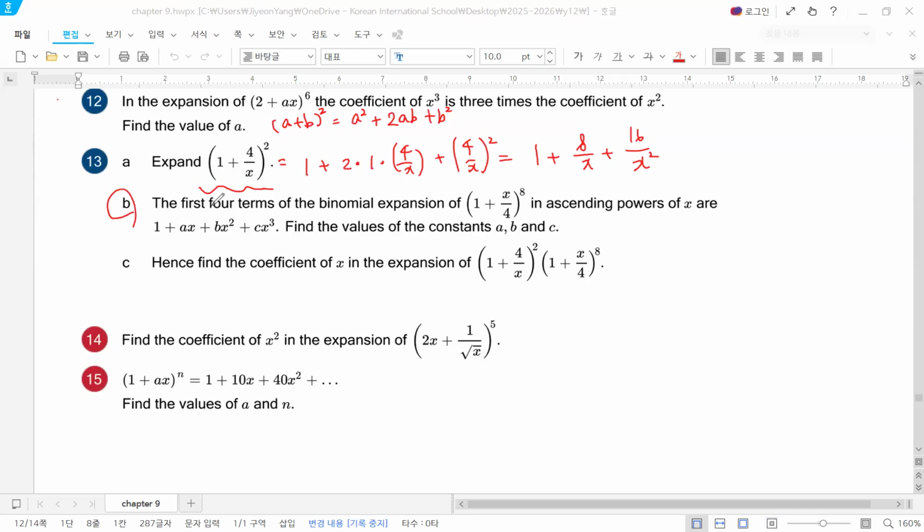B, the first 4 terms of the binomial expansion in ascending power of x. It's this one. Okay.